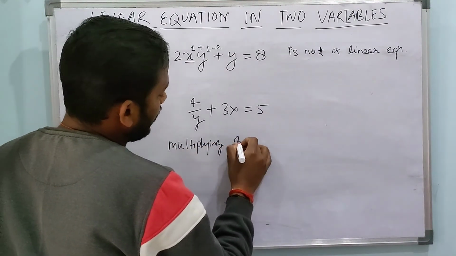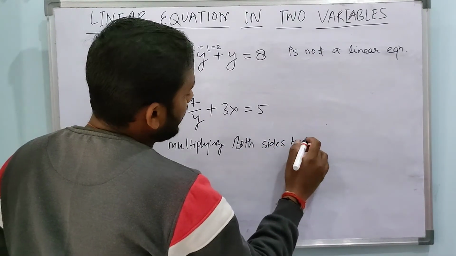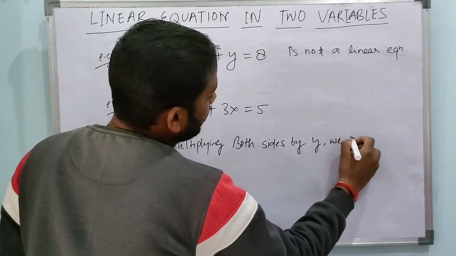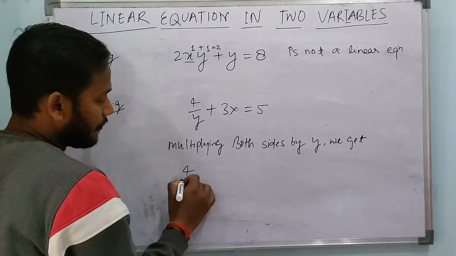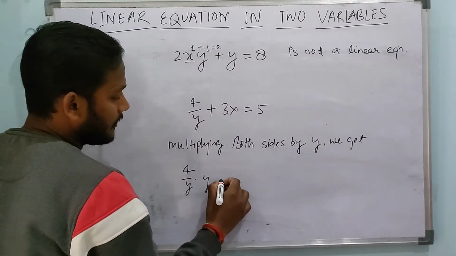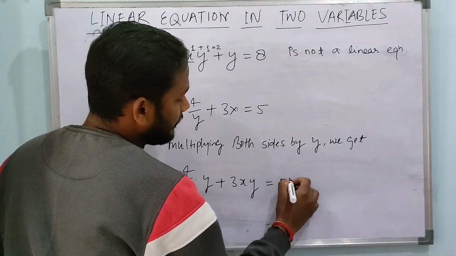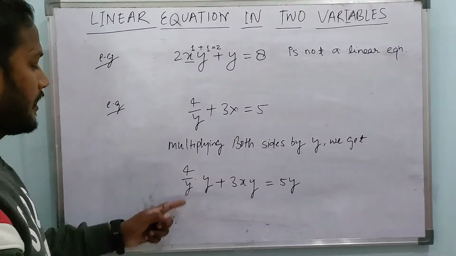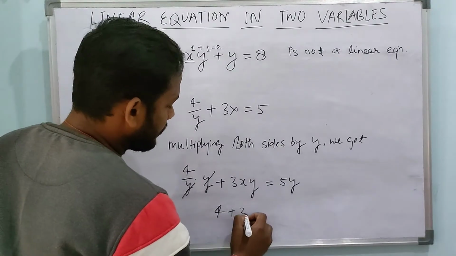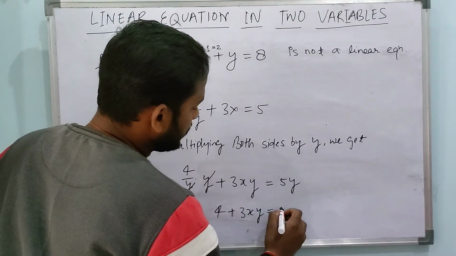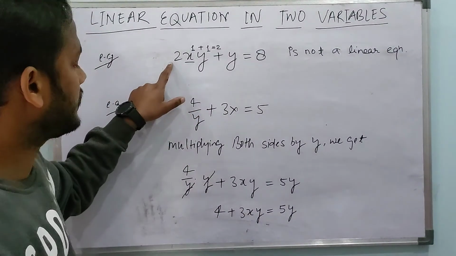Multiplying both sides by y, we get 4 by y into y plus 3xy is equal to 5y. If we simplify, y and y get cancelled out, and the equation becomes 4 plus 3xy is equal to 5y. This equation is similar to the previous one.